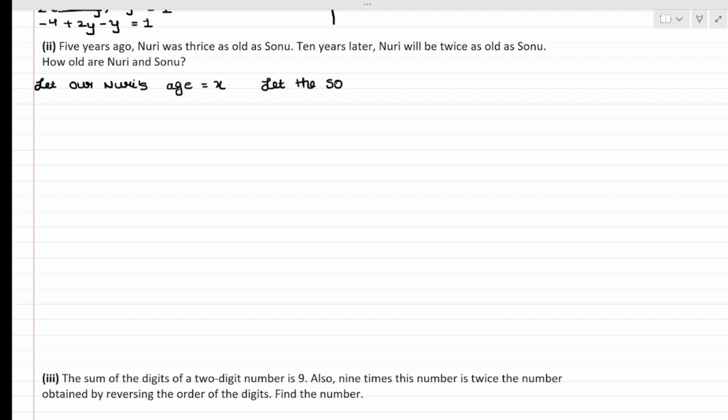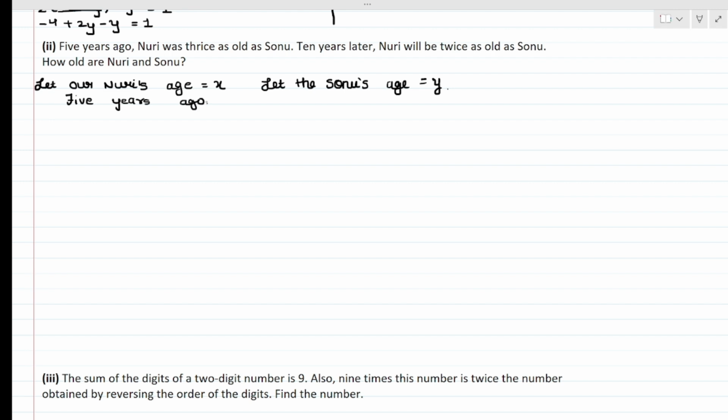Why am I taking x and y? Because my chapter says linear equations in two variables. I need to take x as well as y. That is why I am selecting two variables. Five years ago. So first of all, right over here, we are considering 5 years ago.